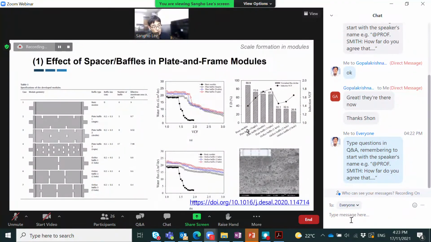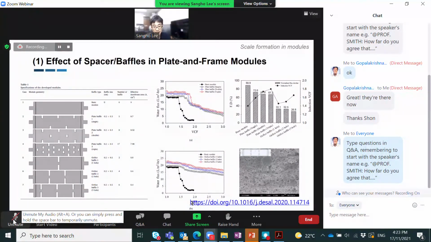When we use flat sheet membrane modules, sometimes we can put in spacers or baffles, and based on those shapes, we can either retard or accelerate the scale formation. In this study, also one of my previous works, we designed baffles to alter the flow patterns inside the plate and frame membrane modules.